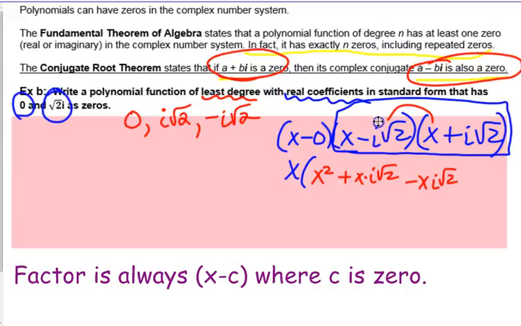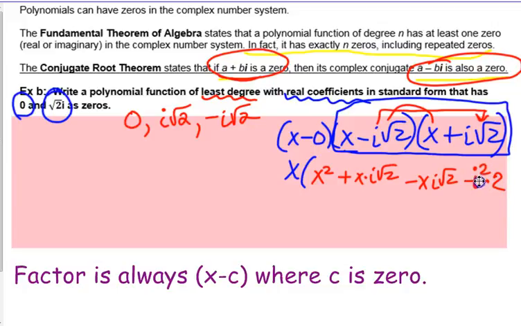All right, be careful. What is this last term times this last term? Negative i times i is i squared. Square root of 2 times square root of 2 is 2. All right, what's i squared? Negative 1. This says minus i squared times 2.